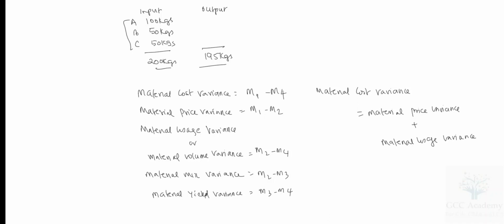Okay, then similarly material volume variance or usage variance is equal to material mix variance plus material yield variance.